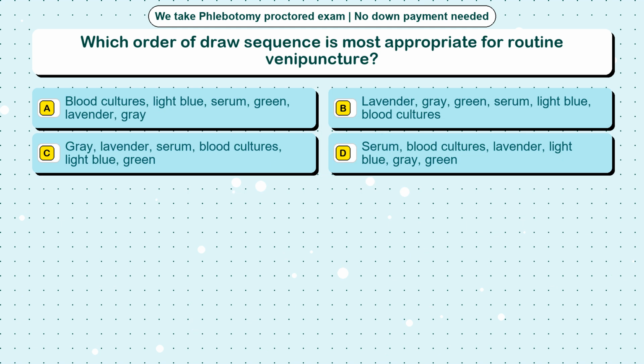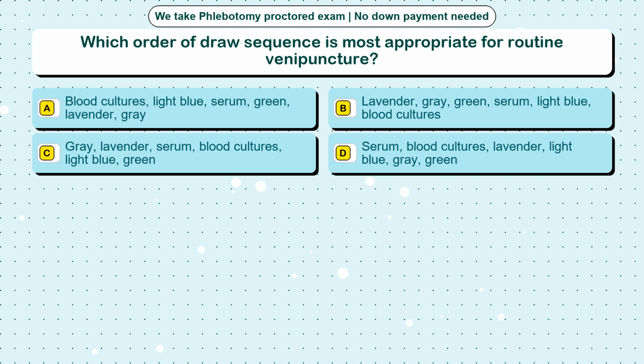Question 63. Which order of draw sequence is most appropriate for routine venipuncture? Option A, blood cultures, light blue, serum, green, lavender, gray. Option B, lavender, gray, green, serum, light blue, blood cultures. Option C, gray, lavender, serum, blood cultures, light blue, green.